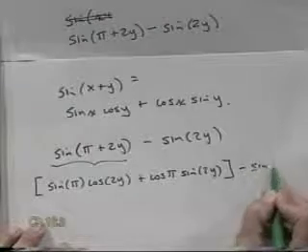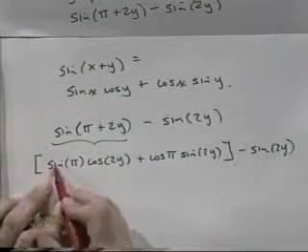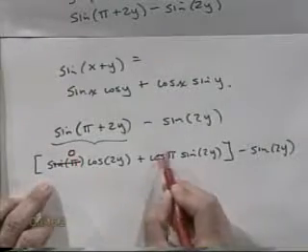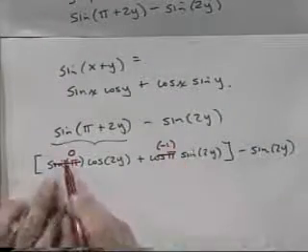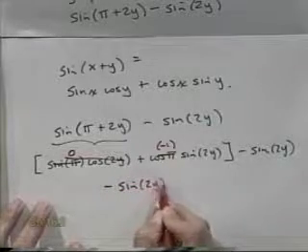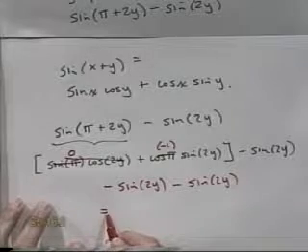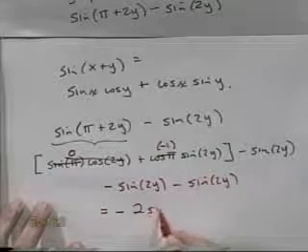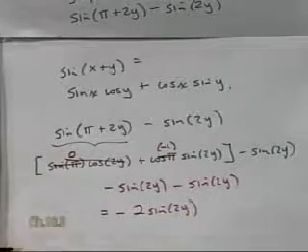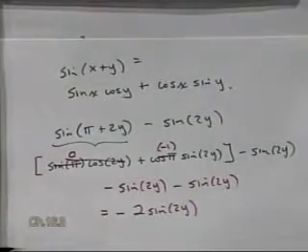And then we have minus sine of 2y. Does anybody know what sine of pi is? It's 0. And what's cosine of pi? It's minus 1. So 0 times anything is 0, so I have minus sine of 2y minus sine of 2y, which is minus 2 sine 2y. And that was a bit painful, but it's much better to have me do the painful thing than you have to do it all on your own.